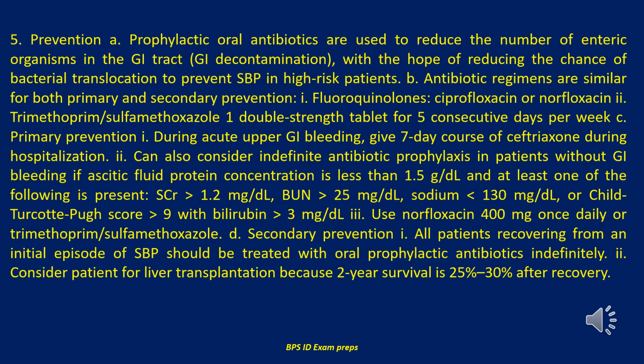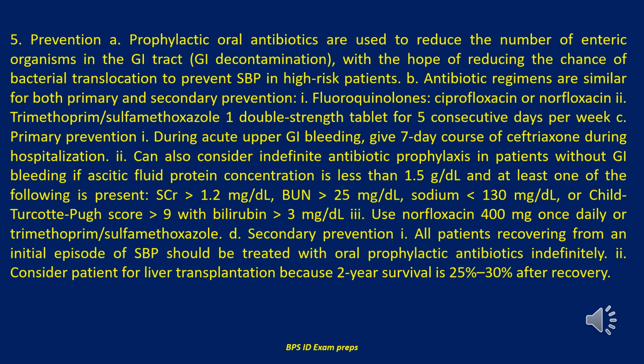Serum creatinine is greater than 1.2 mg per deciliter, BUN is greater than 25 mg per deciliter, sodium is less than 130 mg per deciliter, or Child-Turcotte-Pugh score is greater than 9 with bilirubin greater than 3 mg per deciliter. 3. Use norfloxacin 400 mg once daily or trimethoprim-sulfamethoxazole. D. Regarding secondary prevention, 1.